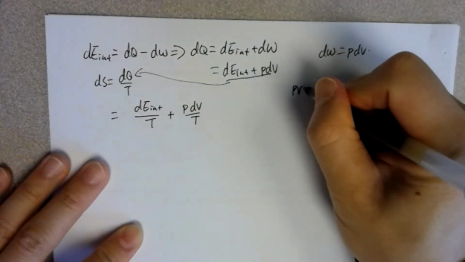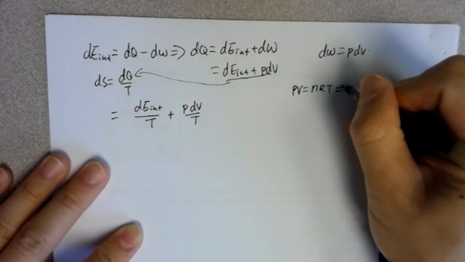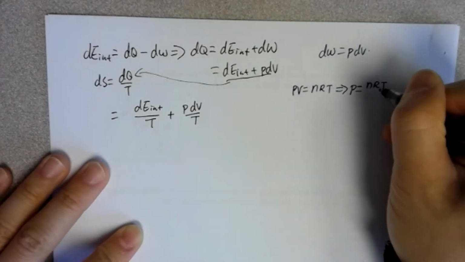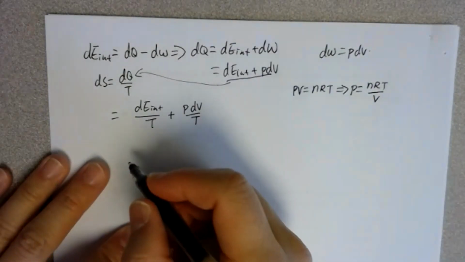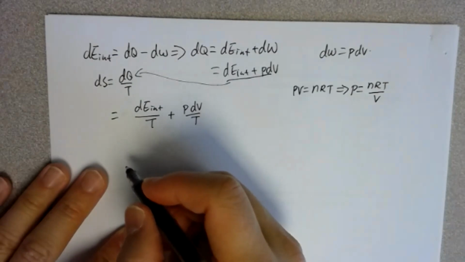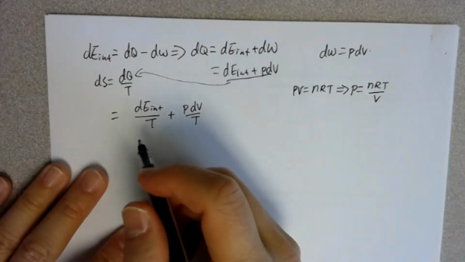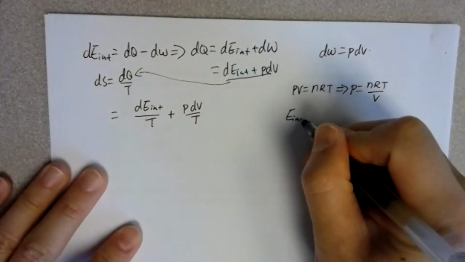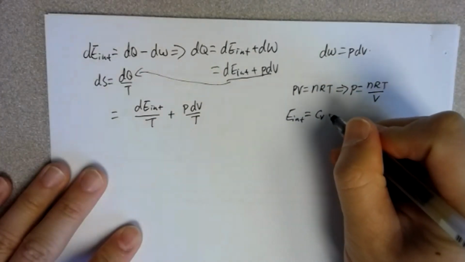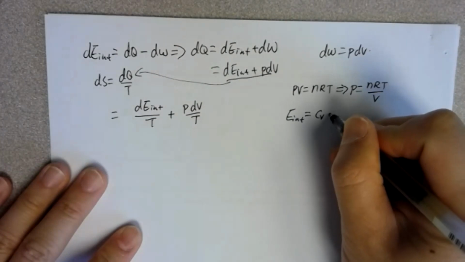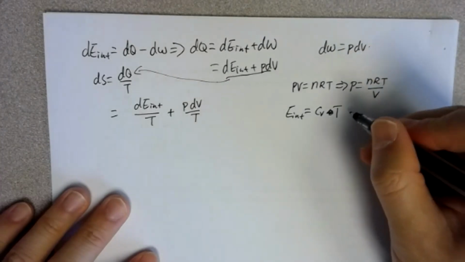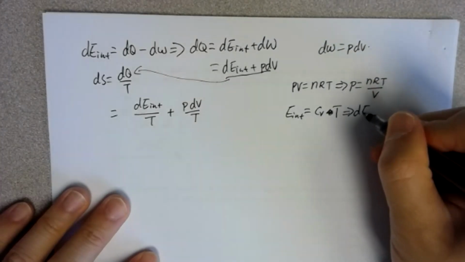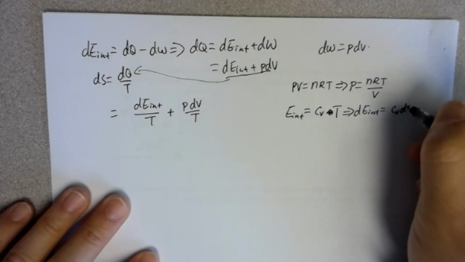Now applying the ideal gas law, PV equal to nRT. So P is equal to nRT over V. So this P then is nRT over V. And for ideal gas, we know that the internal energy is only equal to CV times T. Sorry, not delta T. So in that case, the derivative of internal energy is equal to CV dT.